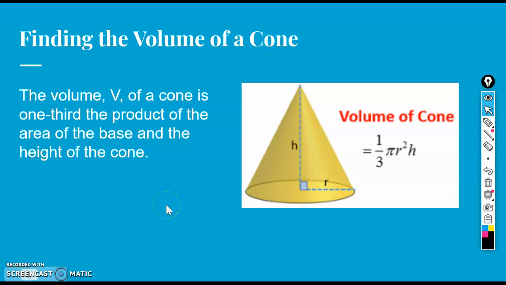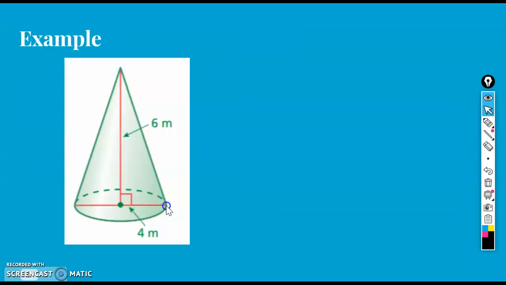Let's look at an example of how to find the volume of a cone. We apply our formula as being volume equals 1/3 pi r squared times height.